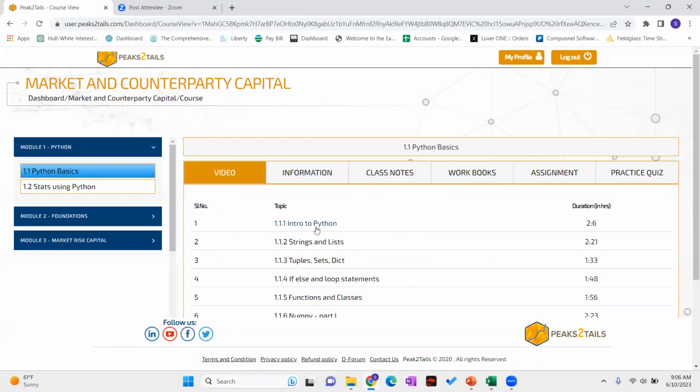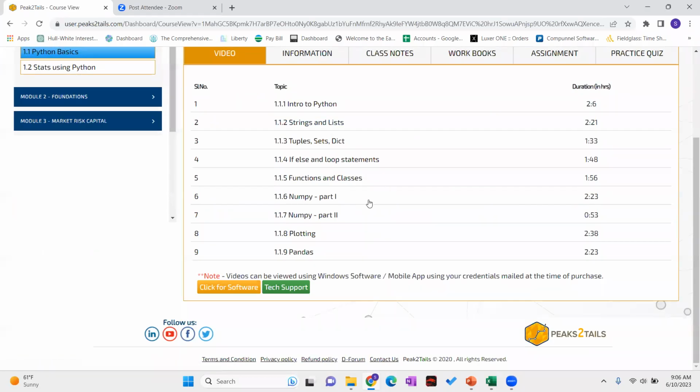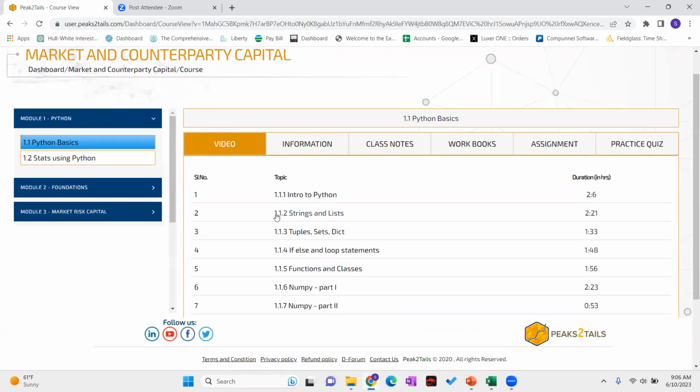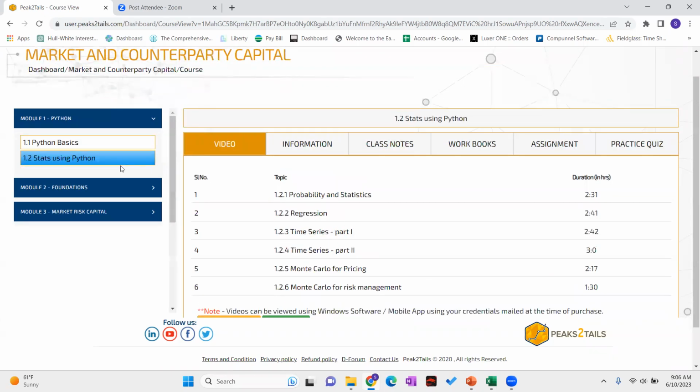So all the basic Python coding skills that you need, not just for market risk, but for any kind of analytics or quant profile. These are the basic Python skills that you need. So this is complete. And also I covered a few dedicated topics related to stats.